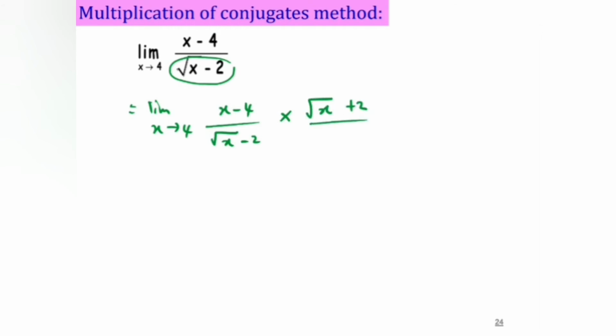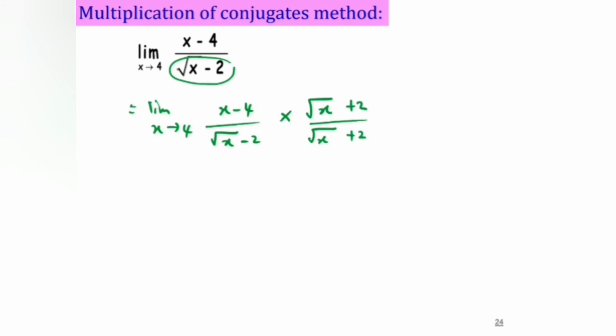So for this question, we have to use the conjugate of the denominator, which is square root of x plus 2. You have to multiply both numerator and denominator with the conjugate.